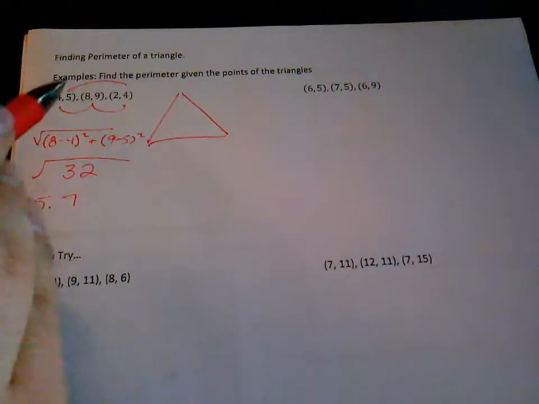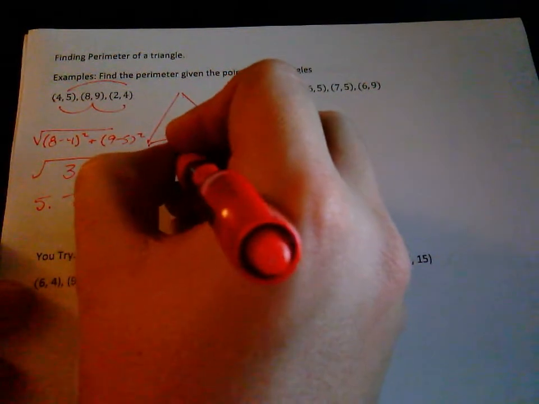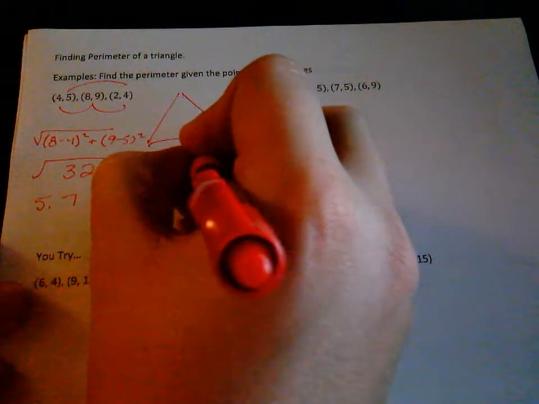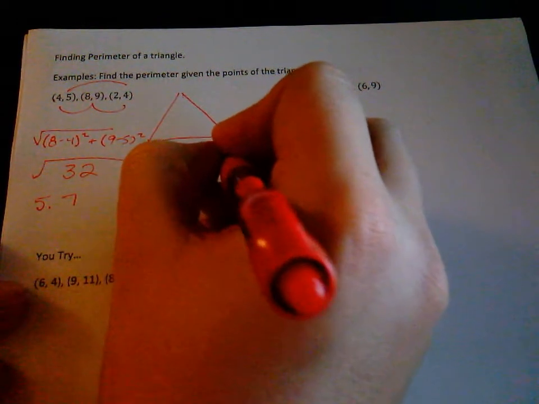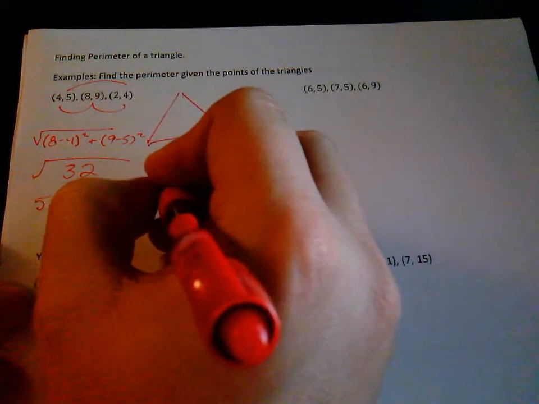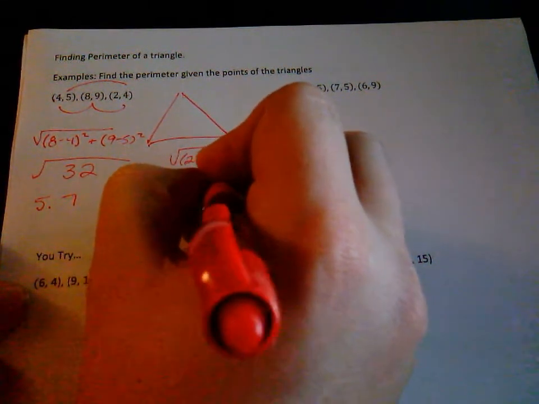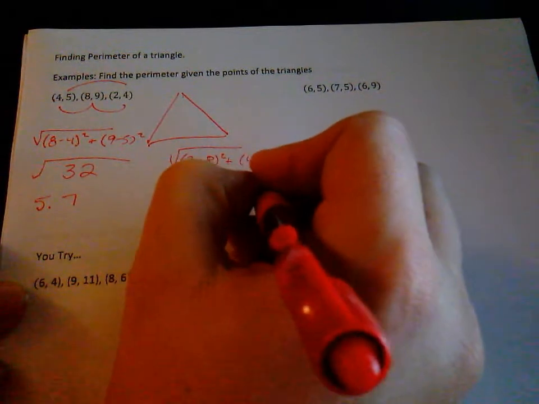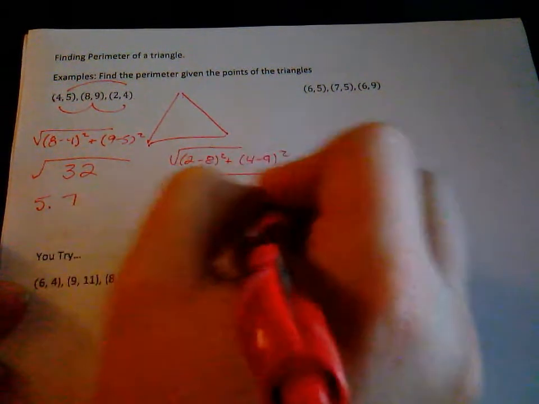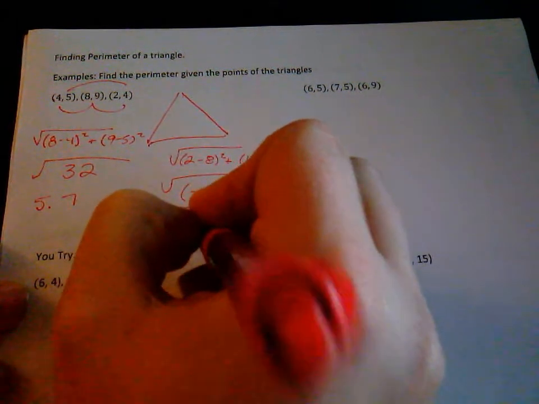So let's do the second one. So from here, these 2 points. We just did these two, now let's do these two. So it's going to be the square root of 2 minus 8 squared plus 4 minus 9 squared, which will end up being the square root of negative 6 squared plus negative 5 squared, which will just be the square root of 36 plus 25, square root of 61.